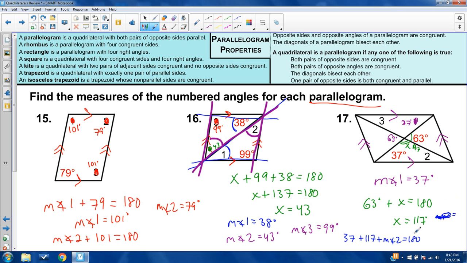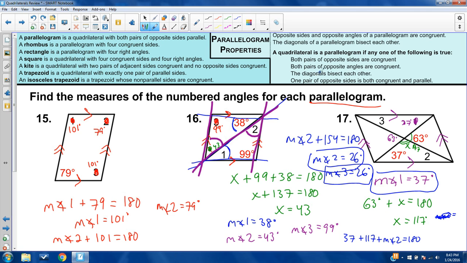I'm sorry, I'll do it up here. Measure of angle 2 plus 154 equals 180. So the measure of angle 2 is 26 degrees. So 2 is 26 degrees. 3 is an alternate interior angle with 2, so that is also 26 degrees. Okay, so there are our 3 angle measures in that parallelogram right there.